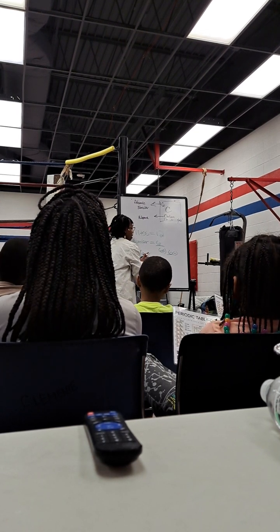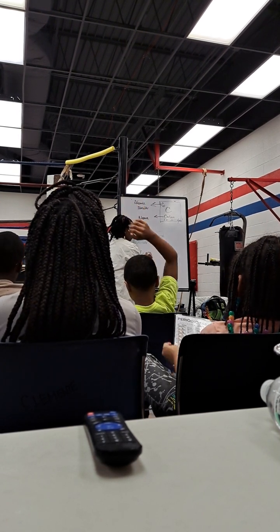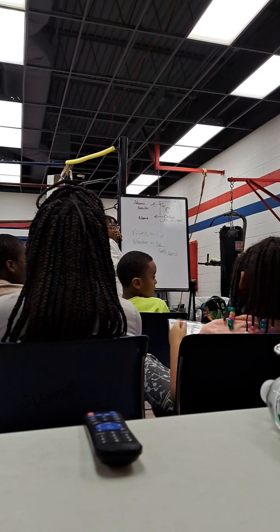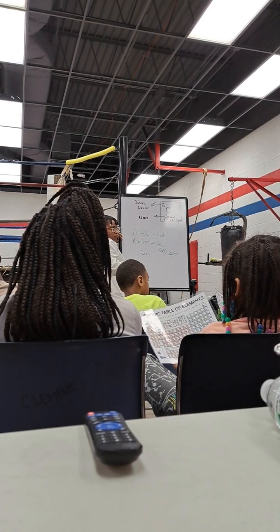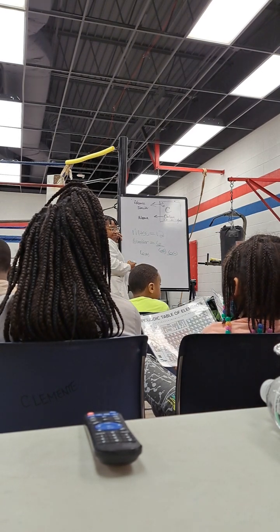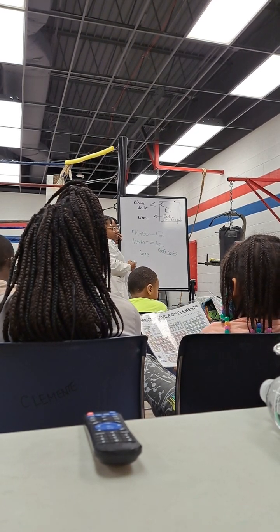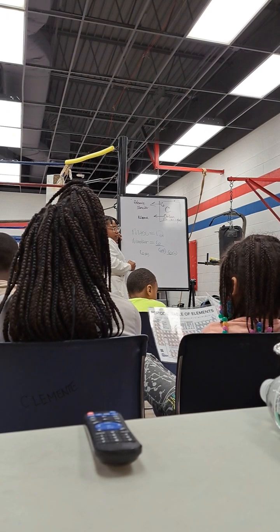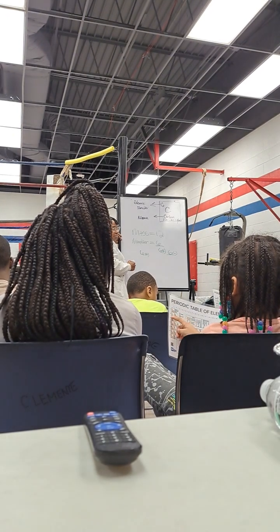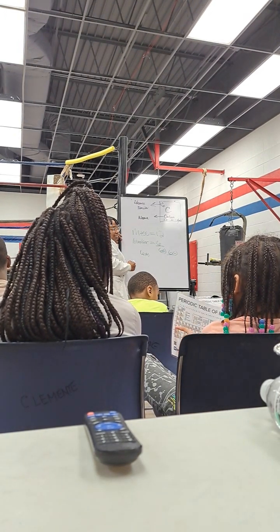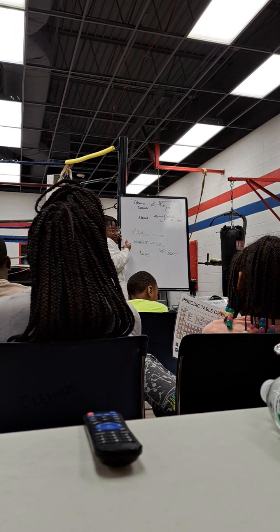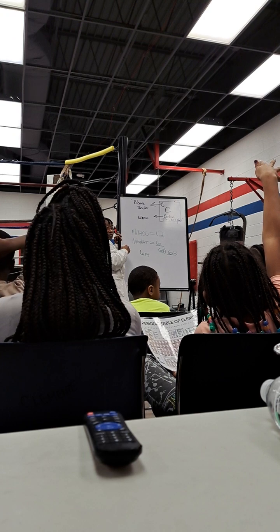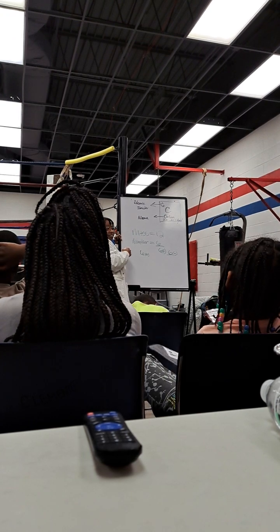How did you find out how many neutrons carbon has? What's the equation? How did you figure it out? What was the note?